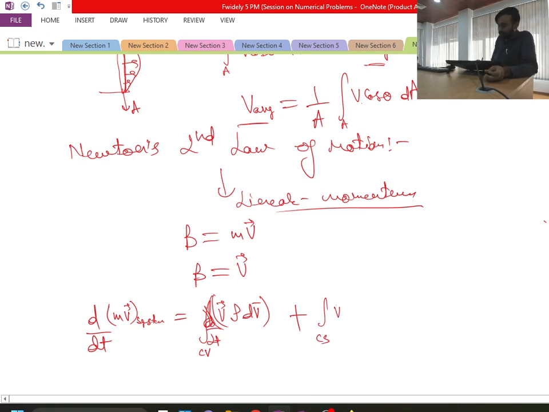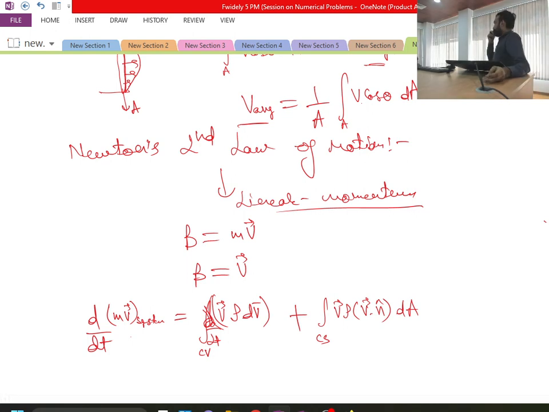What is beta? V vector rho into v vector dot n cap dA. And what is the rate of change of linear momentum of the system? This is nothing but equal to the net force acting on the system. So this will be equal to F vector.